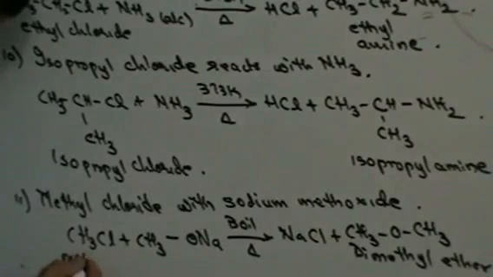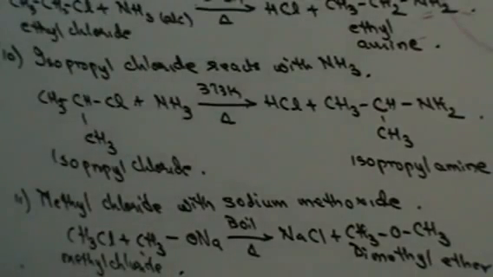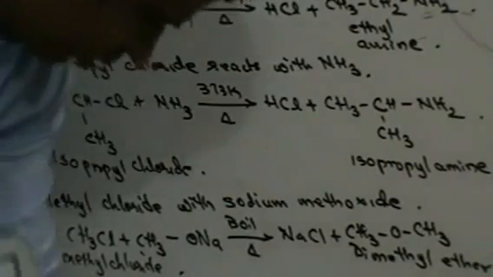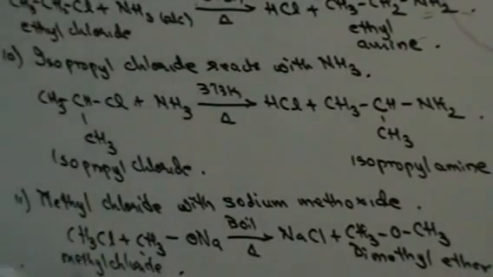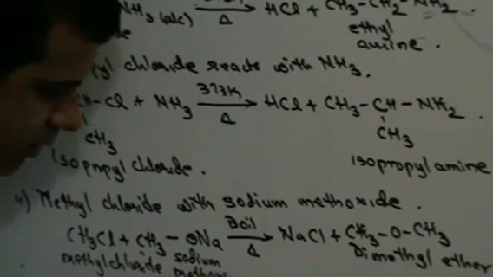This is methyl chloride. Fine. So methyl chloride will react with sodium methoxide to give you sodium chloride plus dimethyl ether.